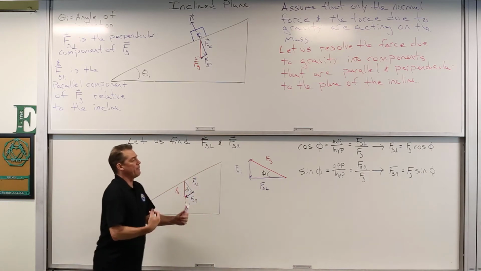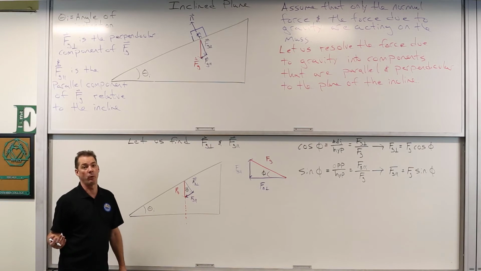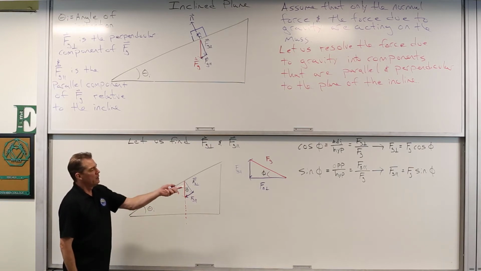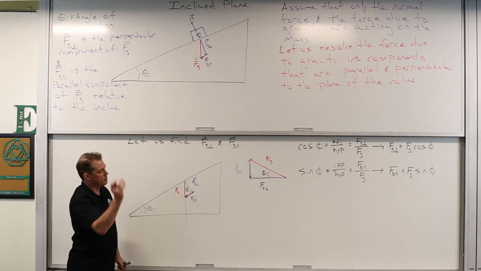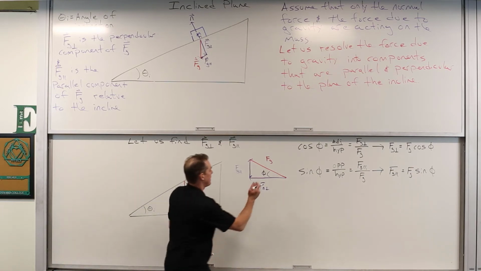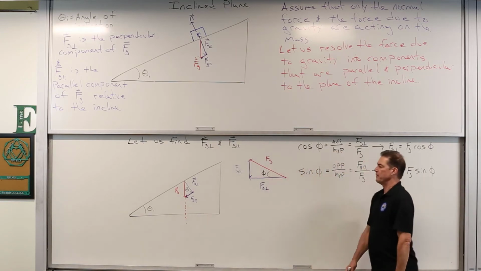So what do we have? We have the ability to find the parallel and perpendicular components of the gravitational force in terms of the true gravitational force, mg, or F sub G, times the sine and cosine of the angle that F sub G perpendicular makes with respect to F sub G.